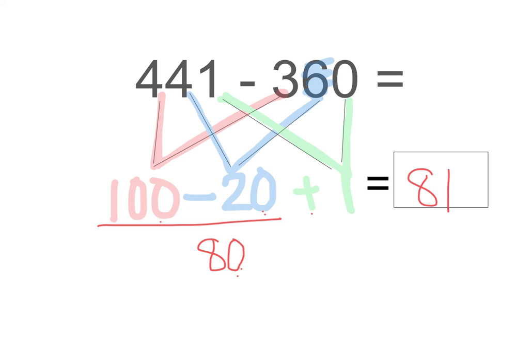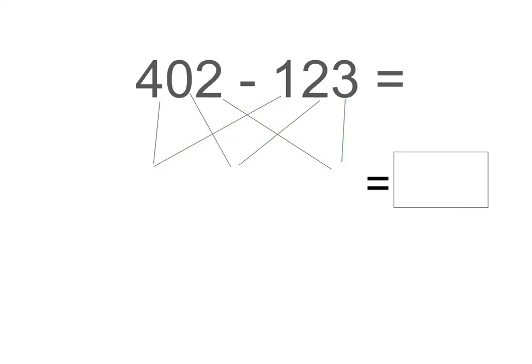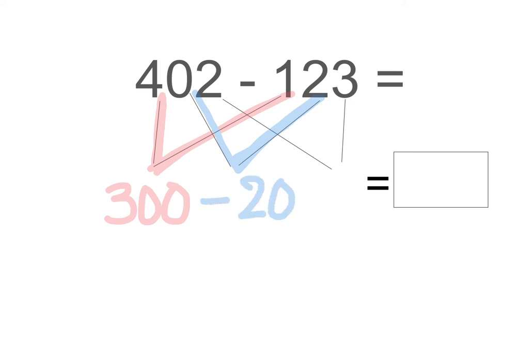Great job. The last one, 402, subtract 123. So 400 minus 100 equals 300. 0 minus 20 is a negative 20 because I didn't have anything.